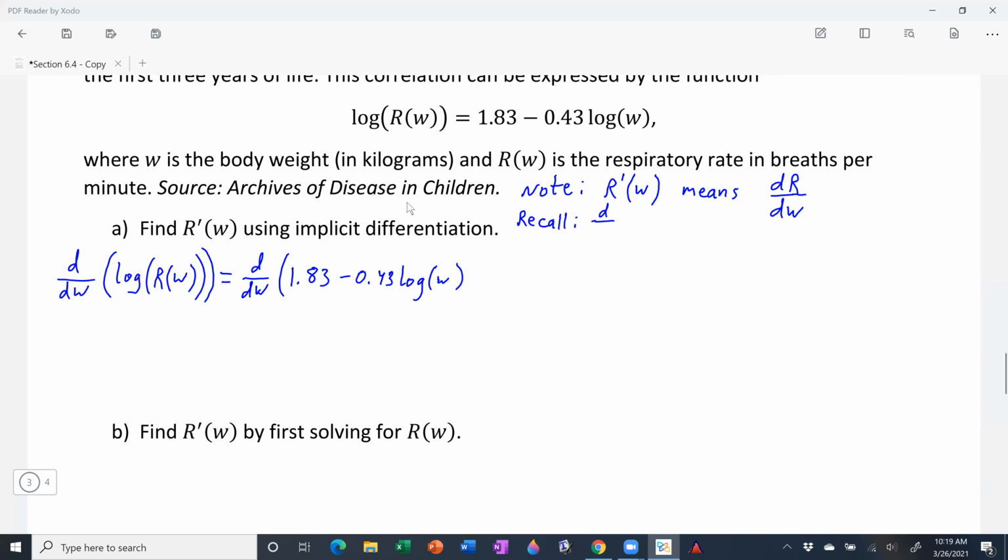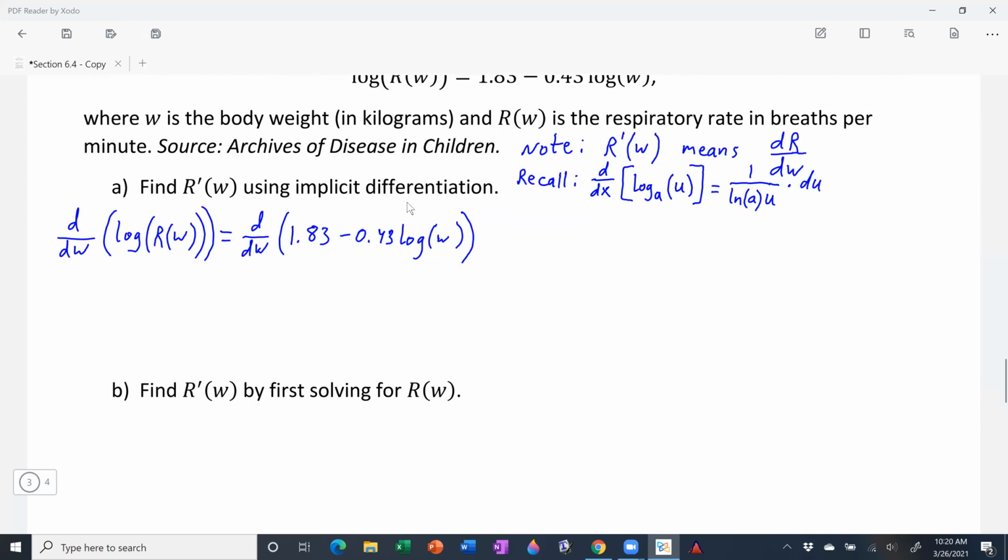I'll write down the general form: d over dx of log with any base a of u, where u is a function of x. Recall that we did this in the past. It ends up being 1 over the natural log of the base times u, and then times du if there's a chain rule. Okay, so just recall that. We're going to need that a couple times as we're going through here.